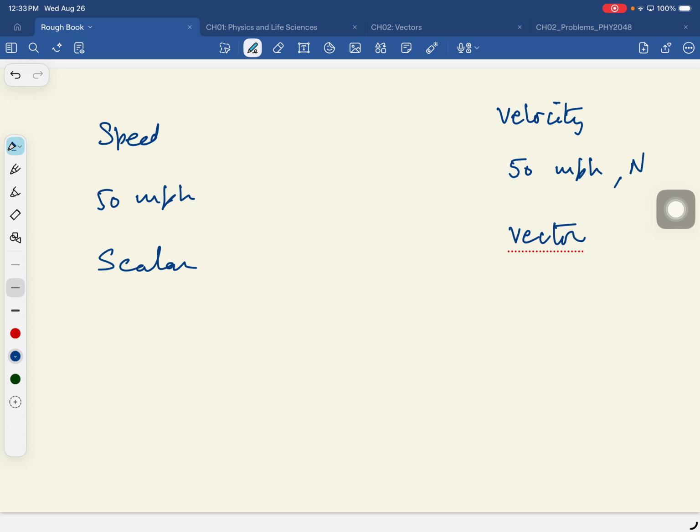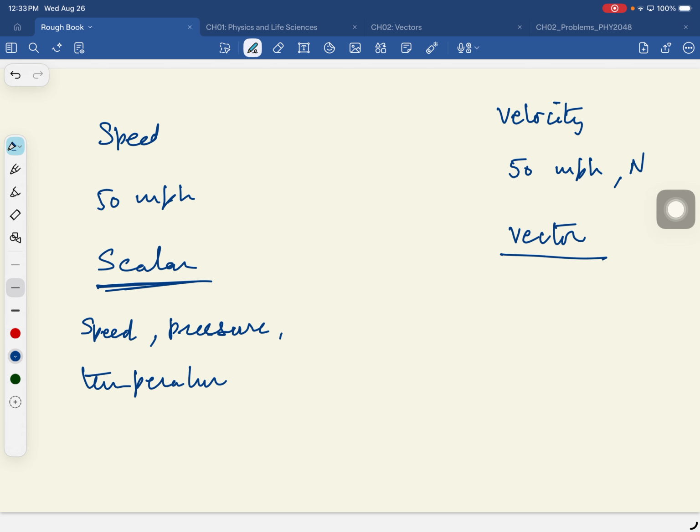Okay. So in physics, we'll study a lot of quantities that are either scalars or vectors. Speed is a scalar, pressure is a scalar, temperature, and so on.